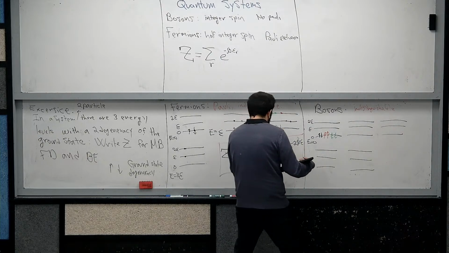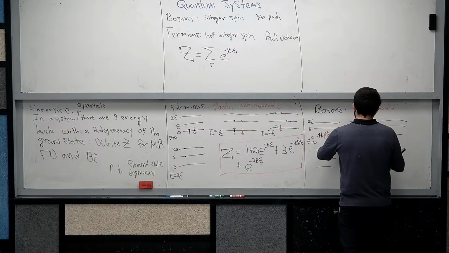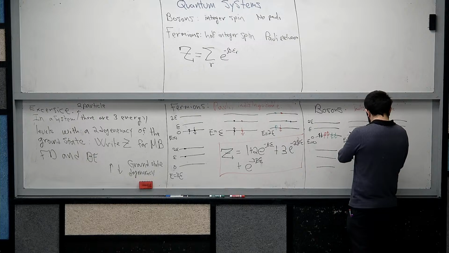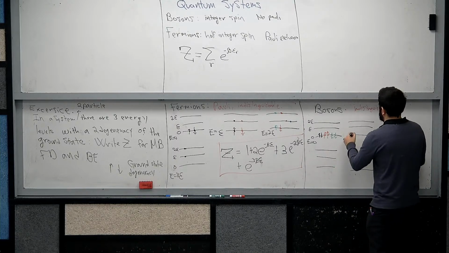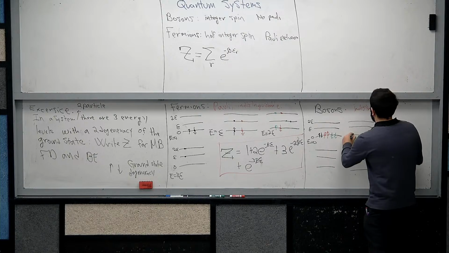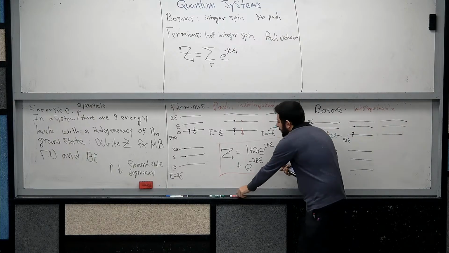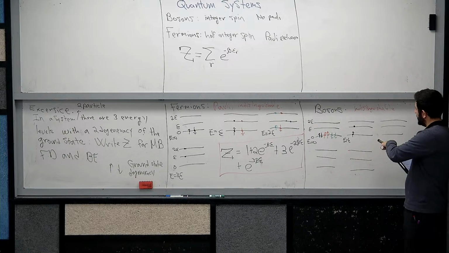Okay, now let's go to energy equal epsilon. We could have a particle in the up state and a particle in the epsilon state. Is there any other possibility?